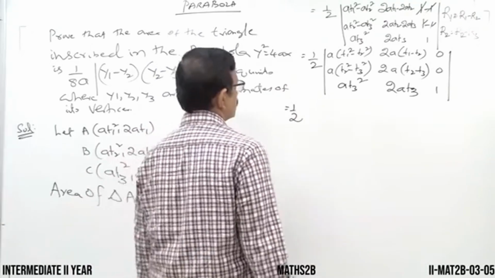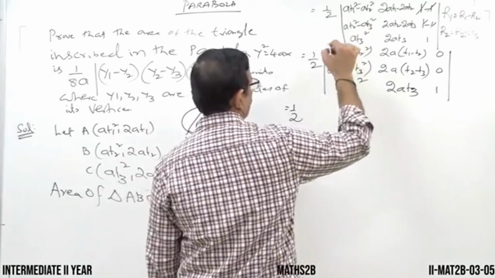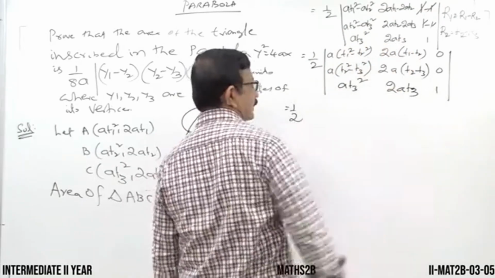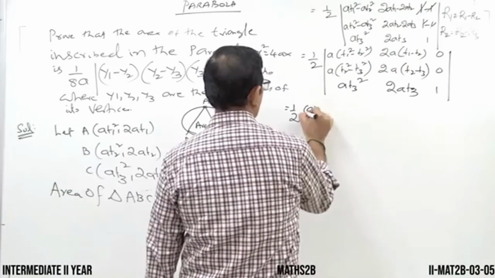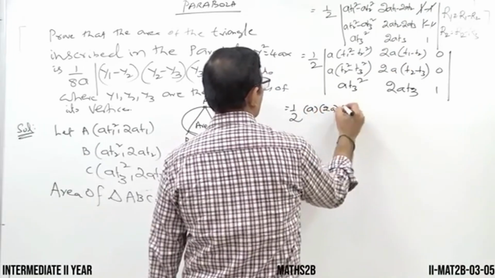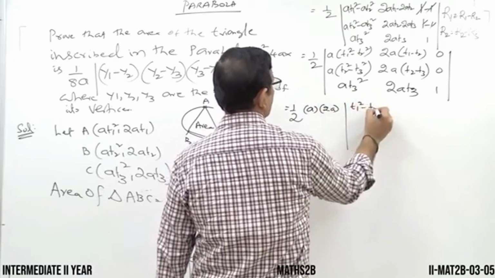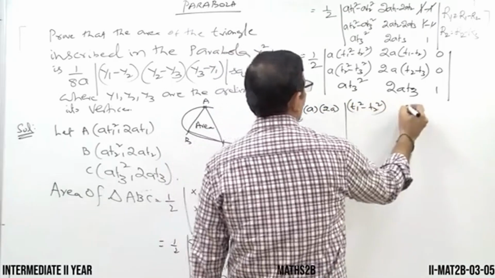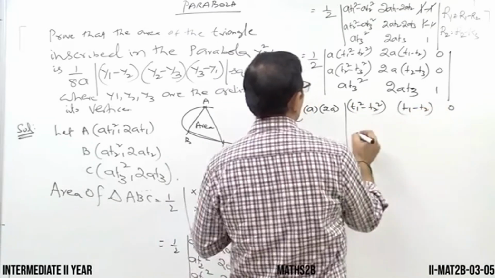Now if we observe, from the first column we can take a common, and from the second column we can take 2a common. That is a and 2a. We are taking common. So what is left? t1 square minus t2 square, t1 minus t2, and 0.